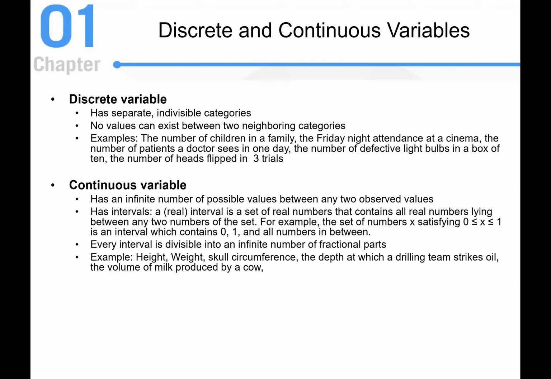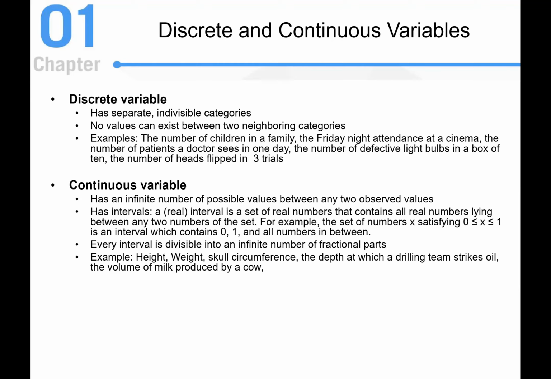The depth at which a drilling team strikes oil, like how far into the ground did they go? Well, they could have gone 27 meters or kilometers. But between each of those kilometers, there's an infinite number of other possible values. All right. Another example is the volume of milk produced by a cow.